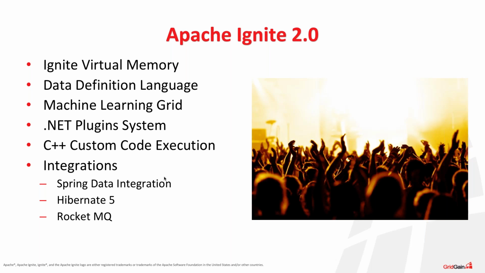Now, if you think that something is missing in our .NET library, or you want to implement some custom module that is needed for your specific use case, you no longer need to wait for this or that feature to be supported by the Apache Ignite community. You can easily implement it on your own and plug and play it into the .NET architecture of Ignite.